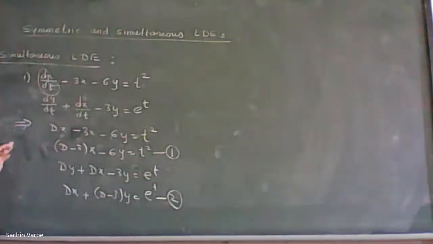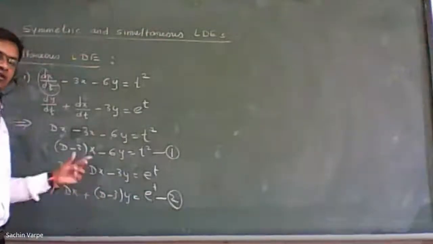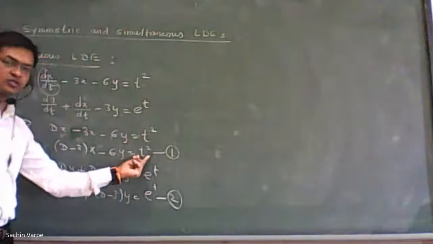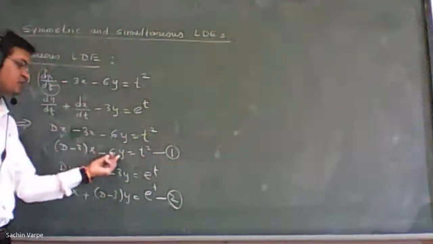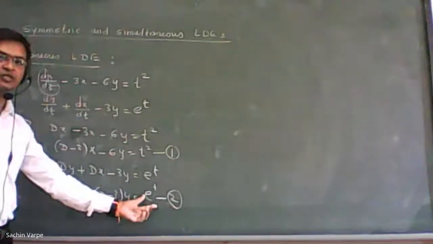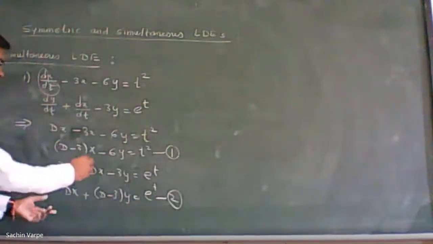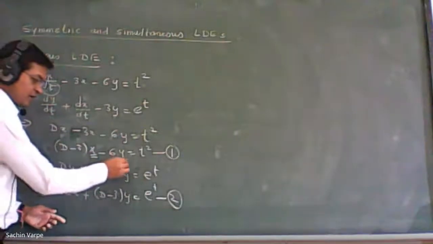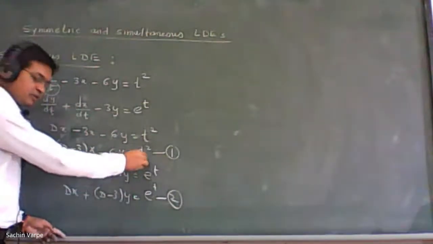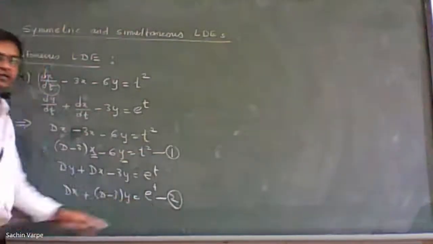If you look at these two equations, these are of the form a1x plus b1y is equal to c1, and a2x plus b2y is equal to c2, isn't it? So here the dependent variables are x and y, and the independent variable is t.